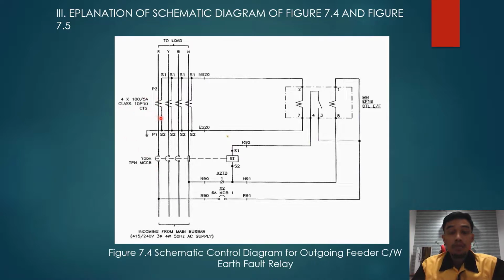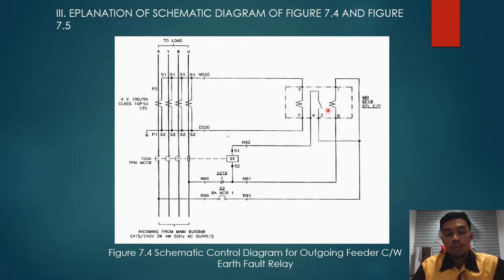We have a current transformer, 10P, where P stands for protection, and we have ST, which is a shunt trip coil. For the connection, pin number 1 here will connect to the red line of the bus bar, and pin number 8 will connect to the neutral line here. For pin number 3 and number 4, which are the contact pins, we connect to the shunt trip and the MCCB.